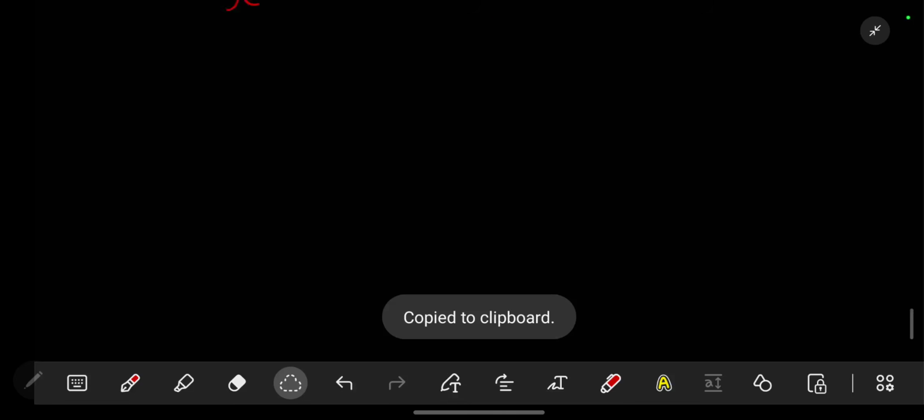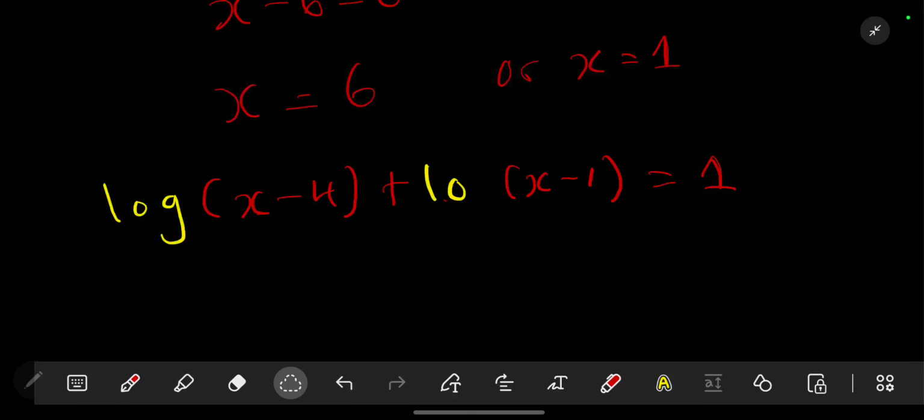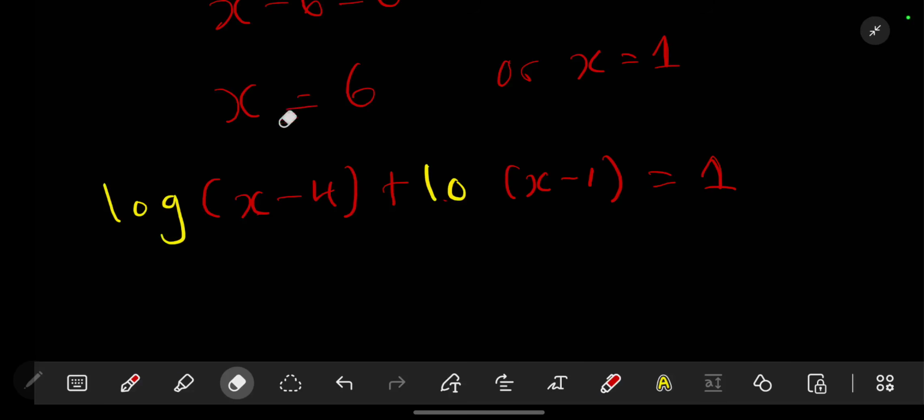So if you get these equations, one thing that you're not supposed to get is the log of 0 is undefined. So you are not supposed to get 0 here. The log of a negative number, even negative 1, is undefined. It cannot be evaluated. Therefore, you pick the one that is working.